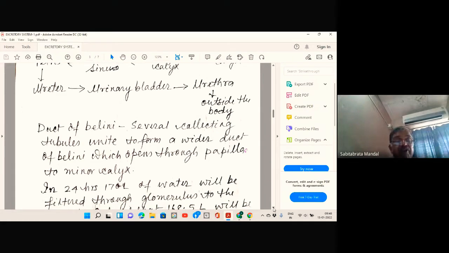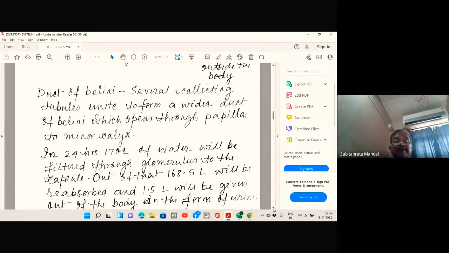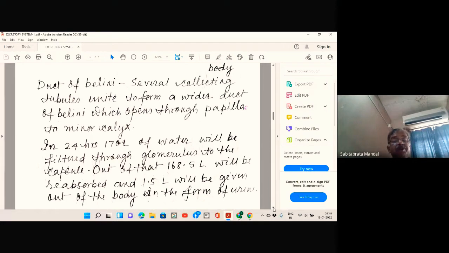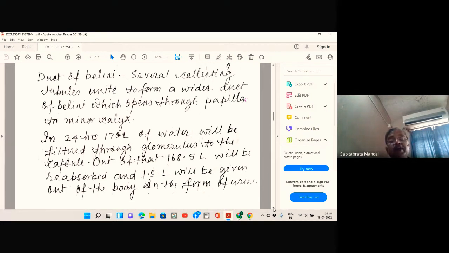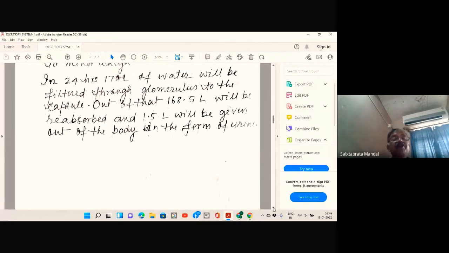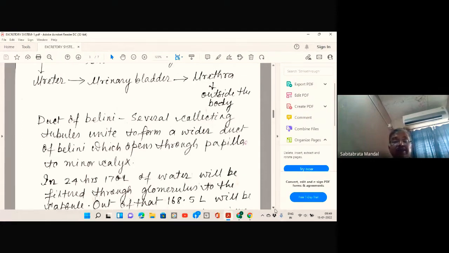In 24 hours, 170 liters of water will be filtered through the glomerulus to the capsule, out of which 168.5 liters will be reabsorbed and only 1.5 liters will be given out of the body in the form of urine. So again, I am repeating, don't forget this, how much is filtered.